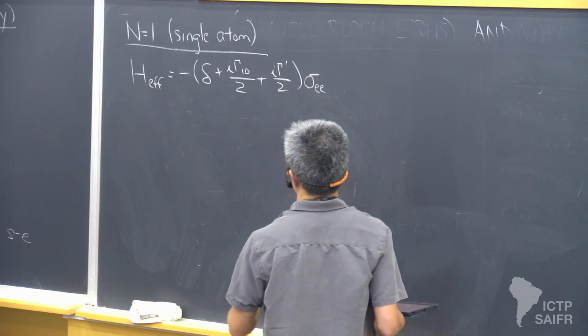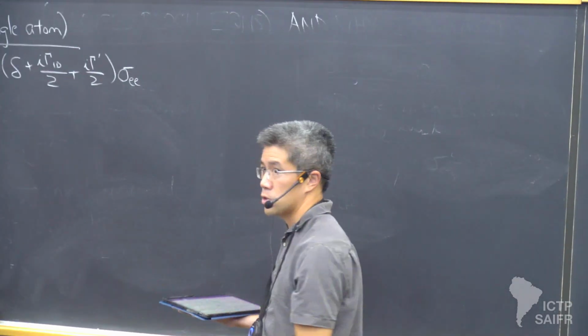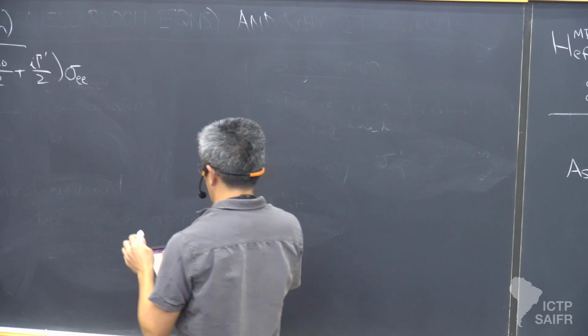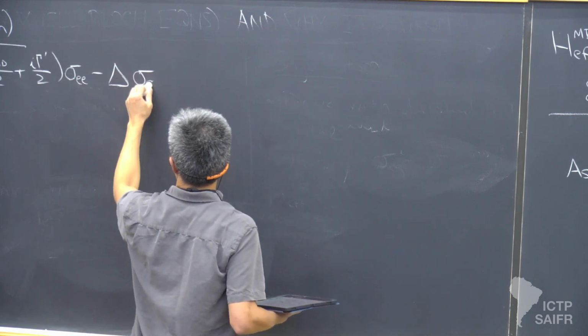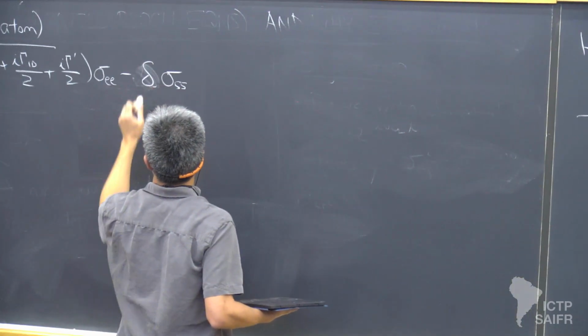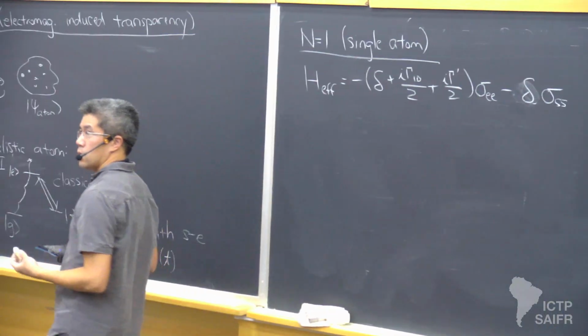So for a single atom, I have emission into my waveguide, or into my Gaussian beam, plus my additional free space emission gamma prime. I've gone into a rotating frame.